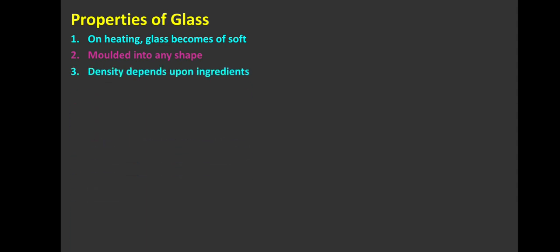The density of the glass will always depend upon the ingredients present in it. We have studied previously that based on the ingredients mixed with the silica, different types of glasses are there, and the density of the glass will always depend upon the ingredients that are mixed.